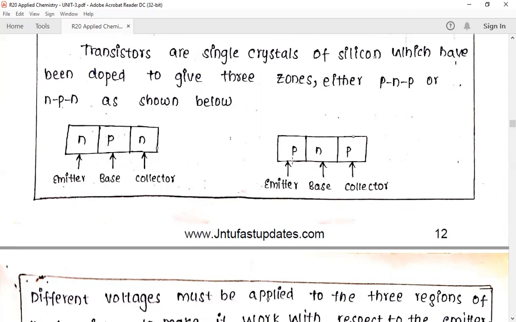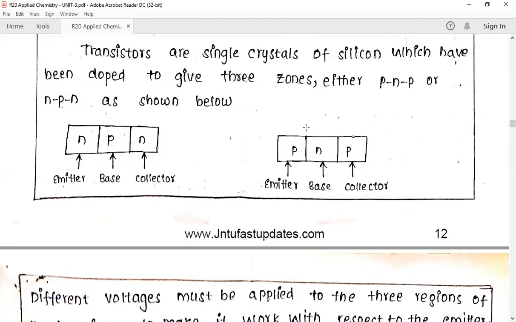The forward bias in the emitter base junction causes the holes to move towards the base, because in the emitter, holes are there, which move forward. This constitutes the emitter current.